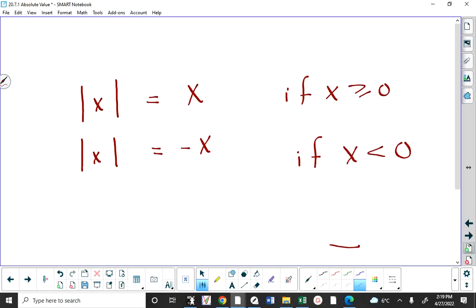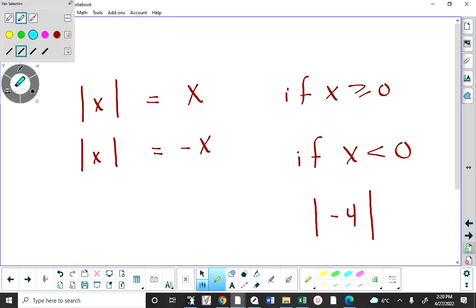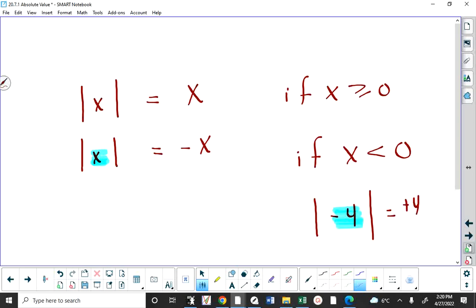If, for example, I have the absolute value of negative 4, then the thing that's in the absolute value sign is negative 4. But I know the absolute value of negative 4 is positive 4. So what would I have to do to negative 4 to make it positive 4? I'd have to multiply it by negative 1. This means take negative 1, multiply by whatever number is in there, and you're going to make it positive because it was negative. Okay. So we'll come back to that numerous times.